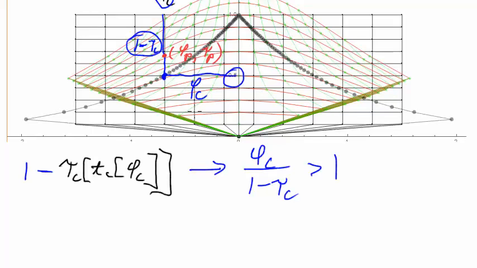We're going to leave phi sub p alone here because we want it to stay the same coordinate as the cone. But we're going to take 1 minus tau sub p and multiply it by this scaling factor here, phi sub c over 1 minus tau sub c, to stretch it out.